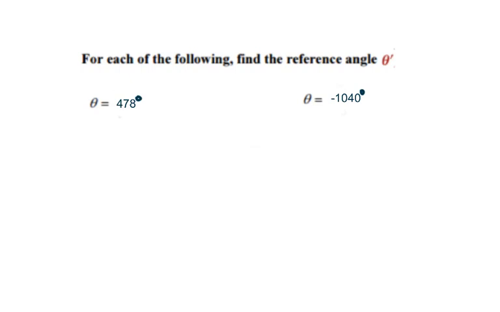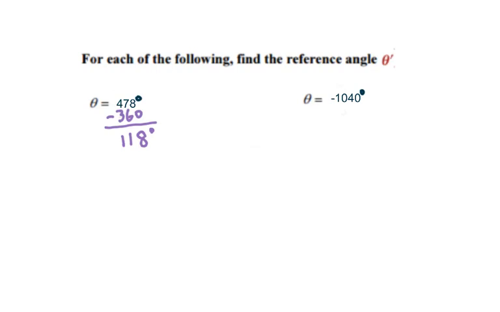First of all, for 478 degrees, we need to get the coterminal angle between 0 and 360. So I will subtract 360. You will get 118 degrees now.